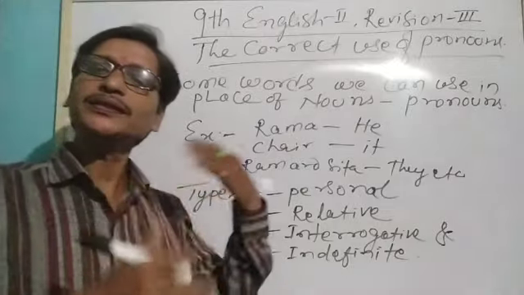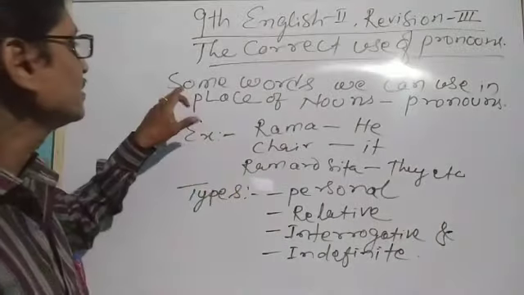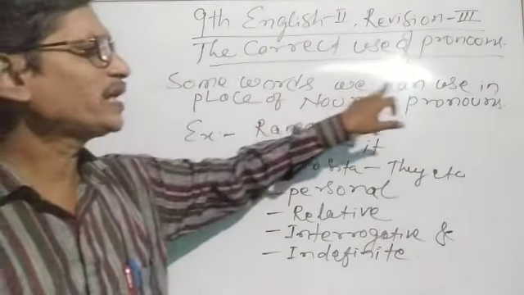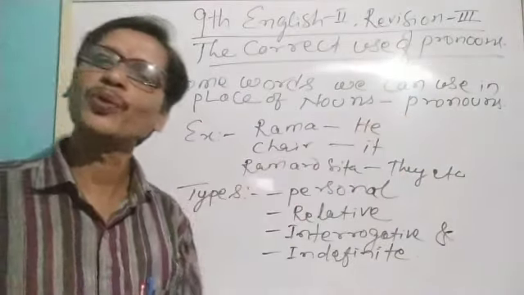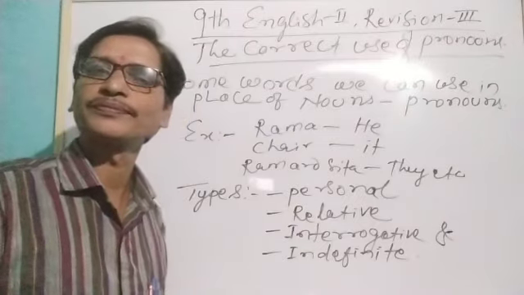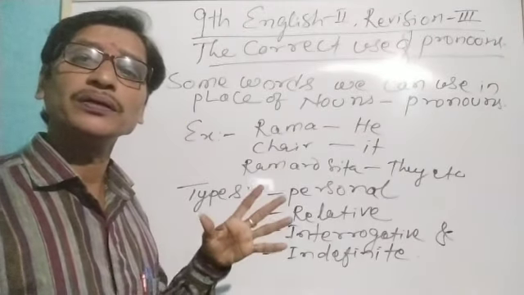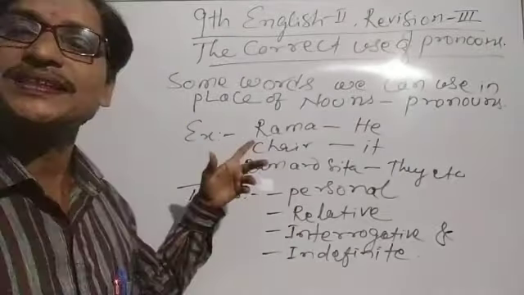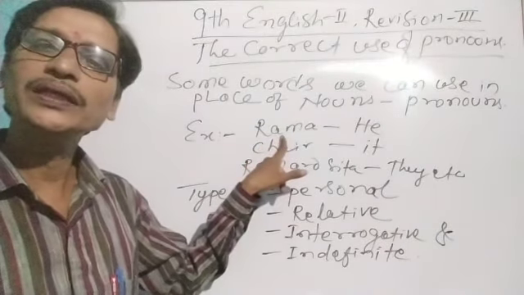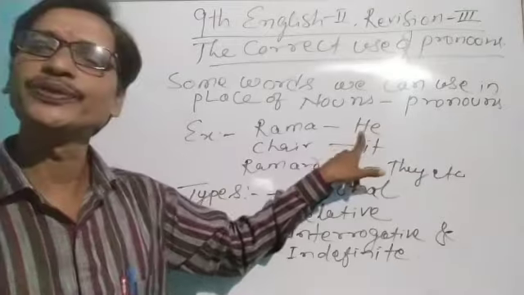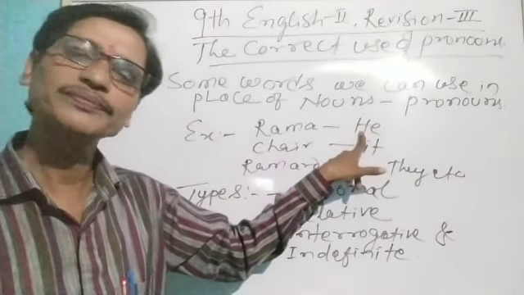To begin with, some words we can use in place of nouns are called pronouns. For that, the examples will help you understand better. Rama is a noun. In place of Rama, we can use he. He is the pronoun.